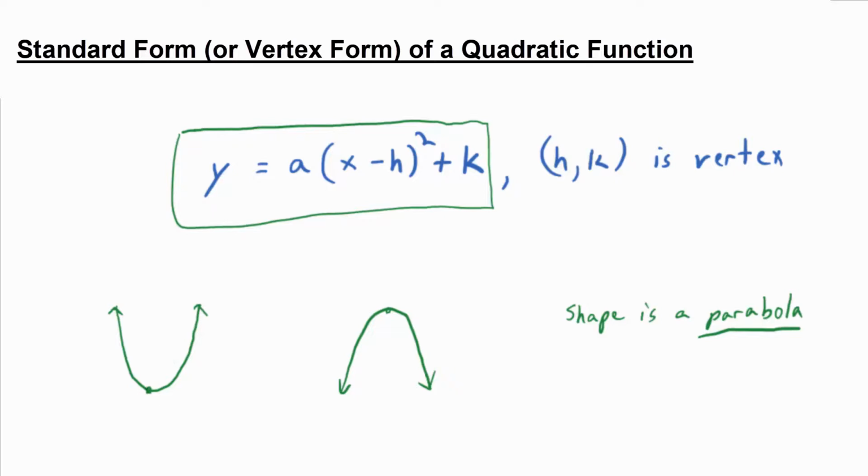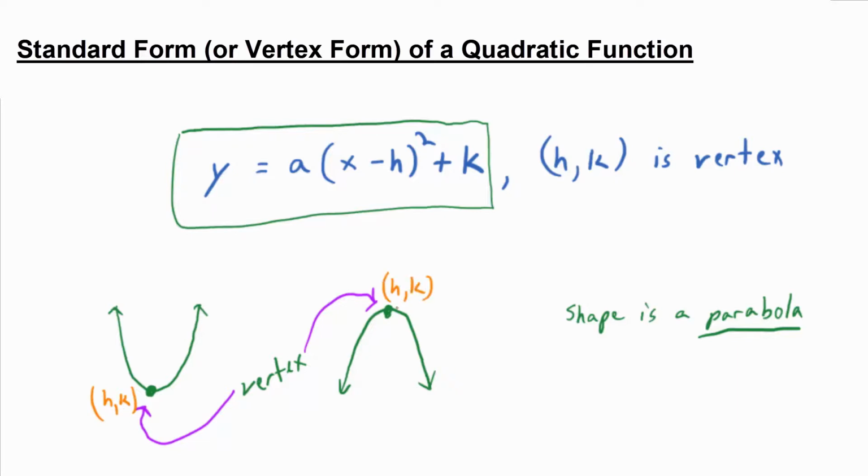And whether it's the low point or the high point, that point is called the vertex. So I'm summarizing in pictures a little bit of what we talked about. (h, k) is how we generically label the vertex, first coordinate h, second coordinate k.